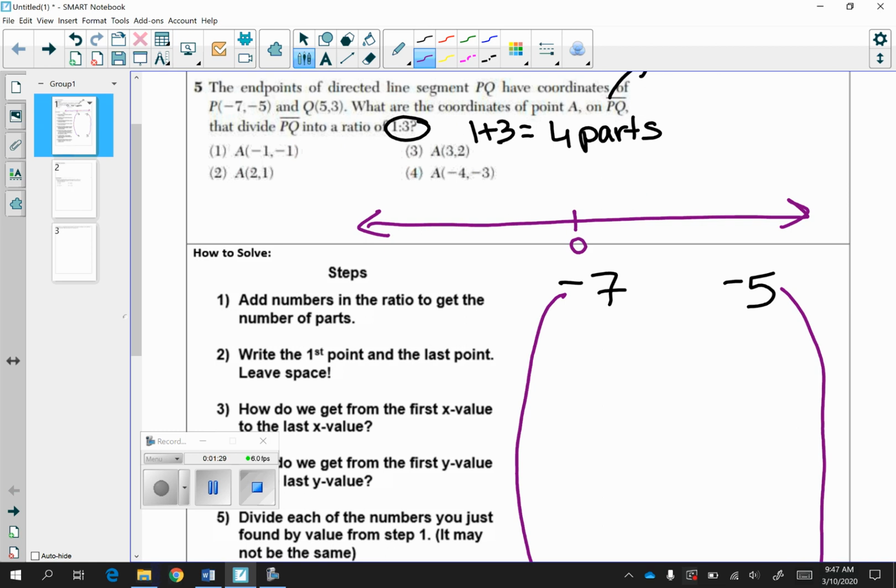I like to put 0 as a reference. We need -5 and -7. So we can see to get from -7 to 5, we had to count 12. And to get from -5 to 3, we had to count 8.